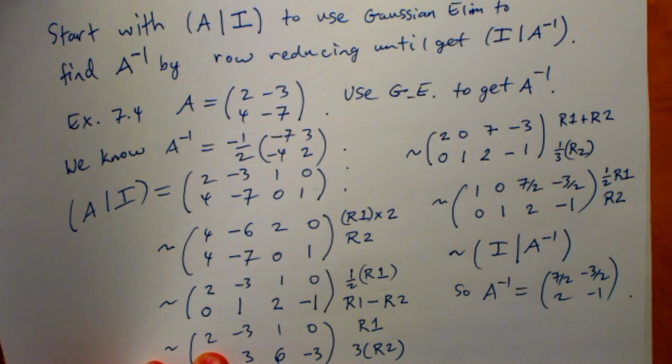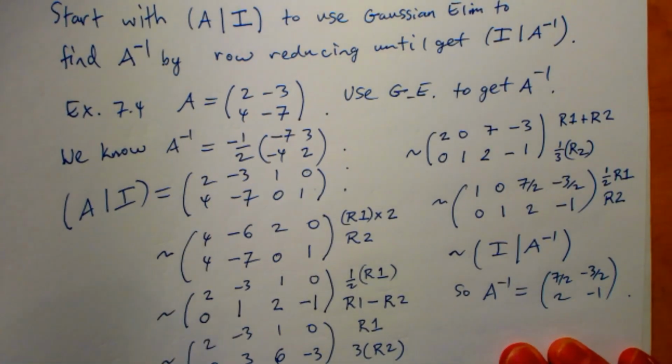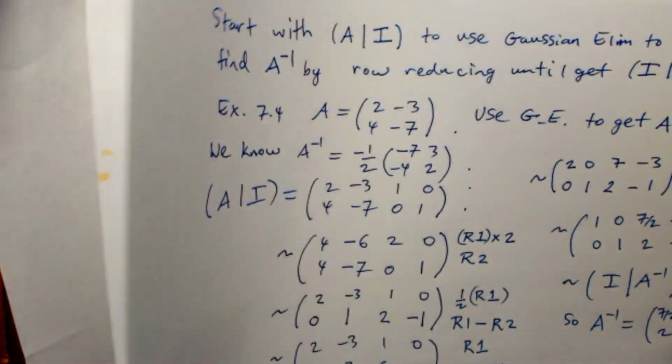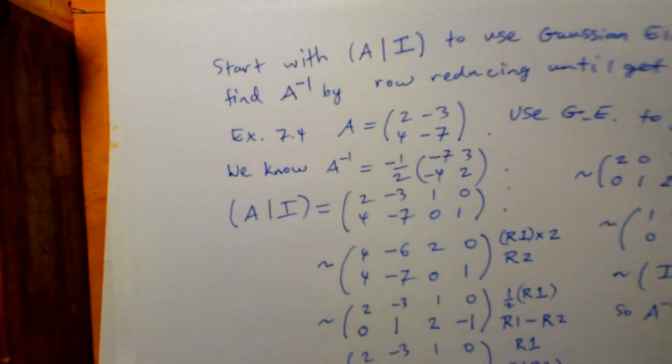All right, let's move on to another example. So this example says, attempt to find the inverse of the matrix 3, 2, 6, 4.